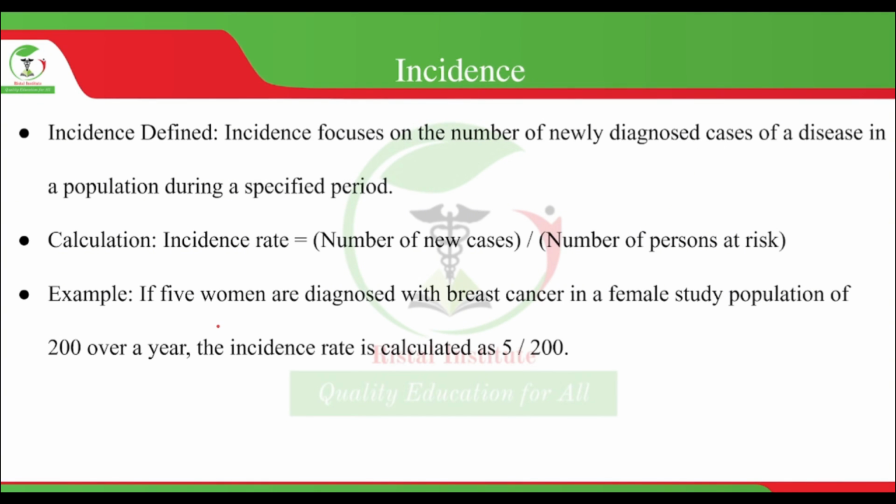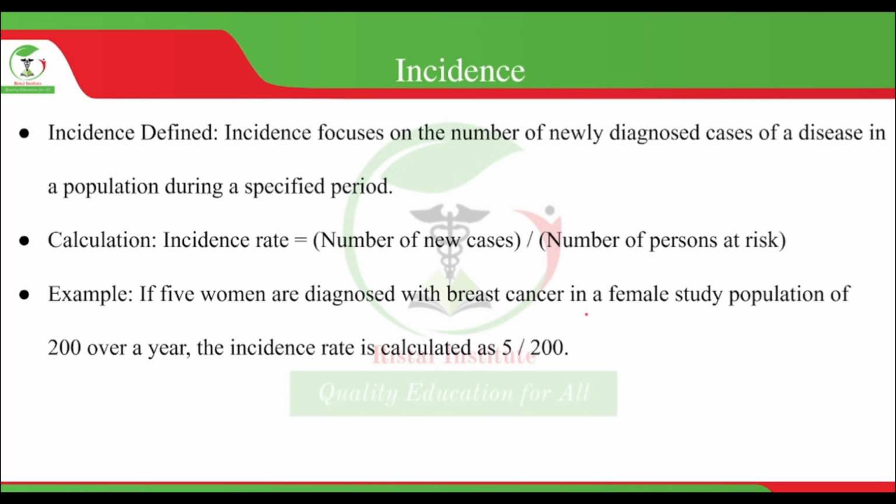Okay, and then for morbidity, we also look at incidence. We look at the number of people that have been newly diagnosed with a particular condition in a particular period of time. Okay, so it is possible that in a population that has about 200 people, from January to December, you have about 5 people who have been diagnosed with breast cancer.